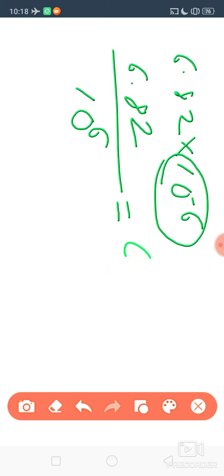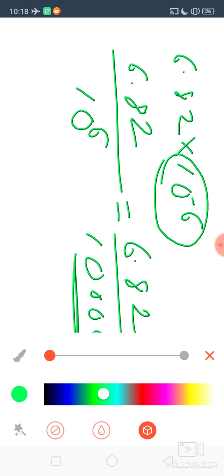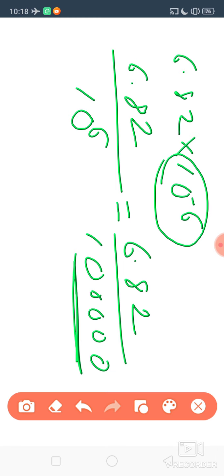Now 10 to the power 6 means 1 followed by 6 zeros: 1, 2, 3, 4, 5, 6. This much we have got. Now in the denominator 6 zeros are there, so your decimal will shift 6 digits left. Only one digit is there, so 5 zeros we have to put.